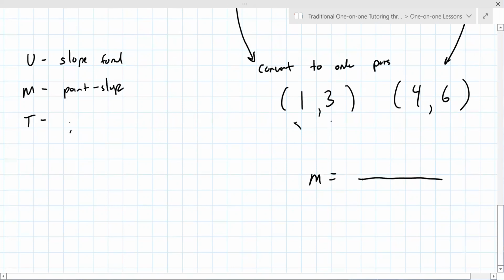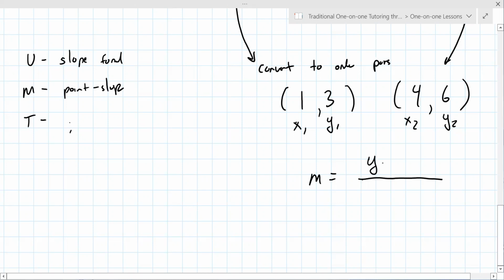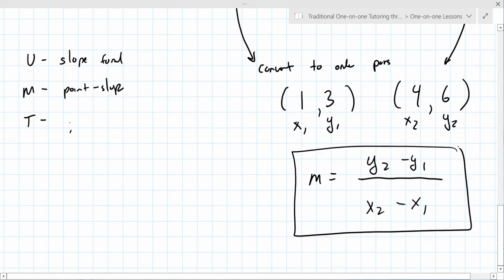Because this is x1, y1, x2, y2. Do you have the formula written down? Because I want you to use the formula and substitute the values. And then do you add the 1 and 3? No, the formula is subtraction. The formula is y2 minus y1 over x2 minus x1. I'm just asking you to fill in the numbers. Yeah, 1 and 3, 4, 6.